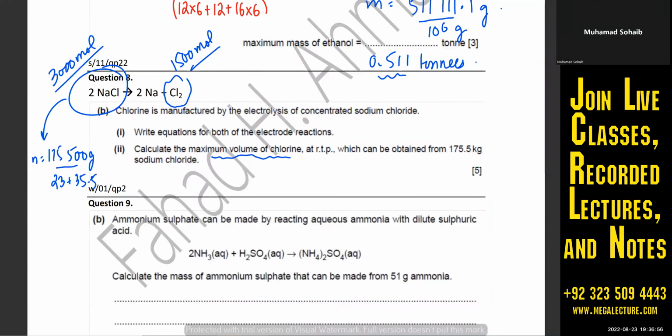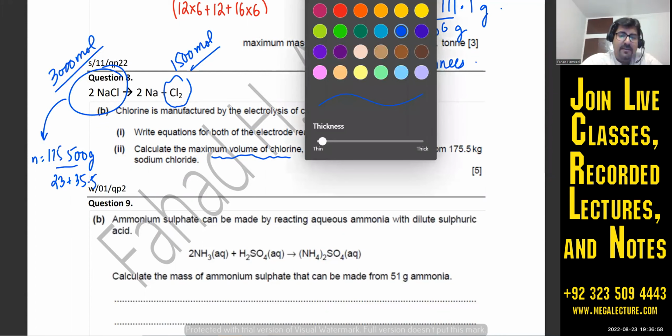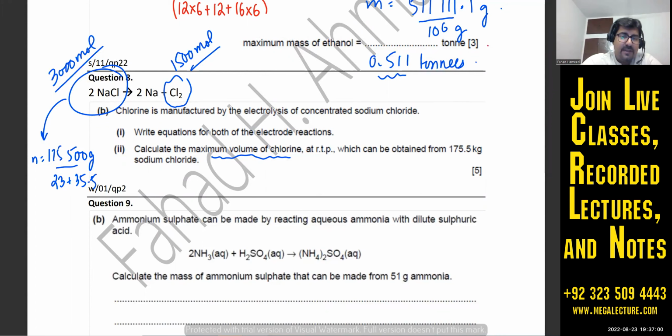So now here you'll use that gas formula. What was it? Moles is volume of gas divided by 24 dm cube, right? So you already have the moles.